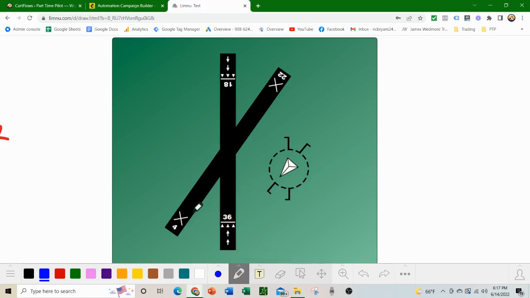I want you guys to assume, let's see if I can do this, I'm going to get rid of these X's. Okay, so now runway 4 and runway 22 are available to land on. They are not closed. And the wind, let's get rid of this.